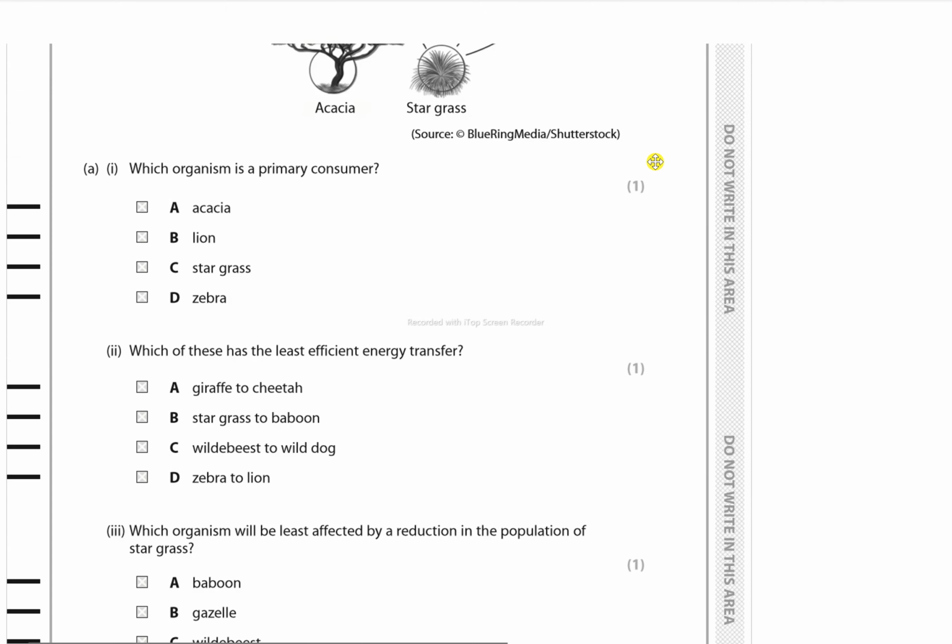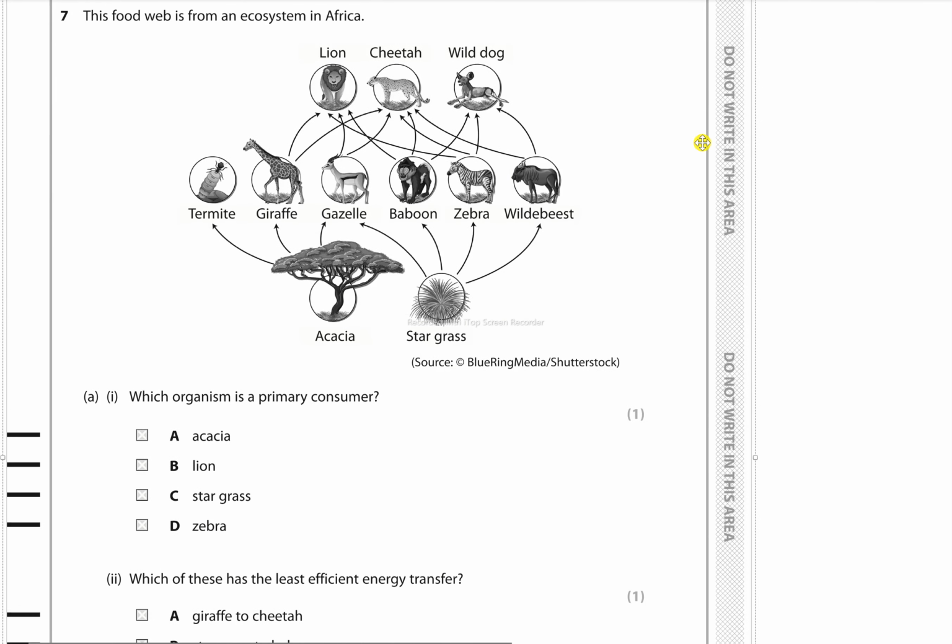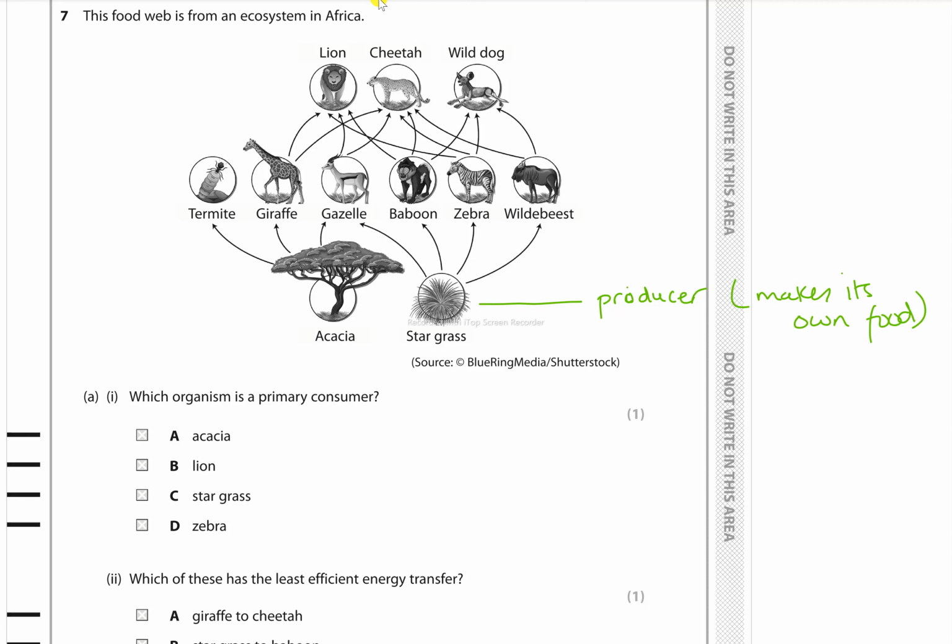Right, let's have a look. Oh, we're on the next question. So now we're looking at food webs. Let's go through that again. That is the, I keep calling it primary producer because it makes its own food.